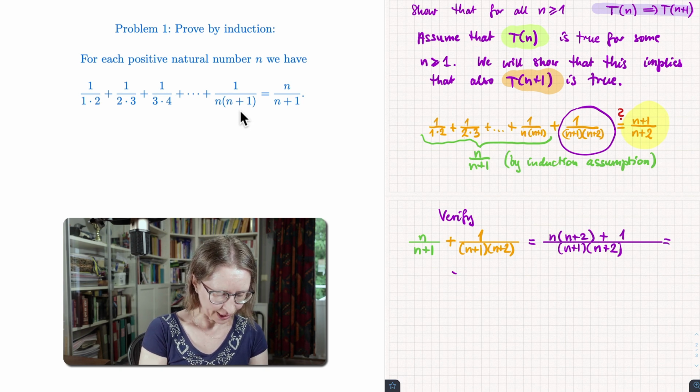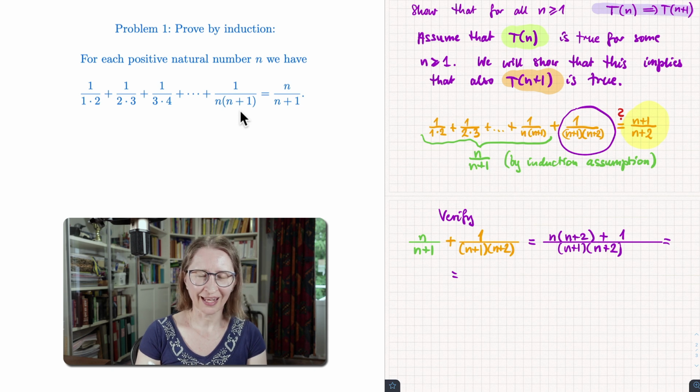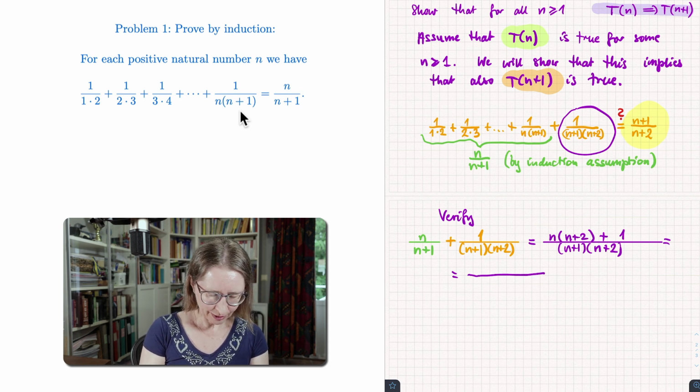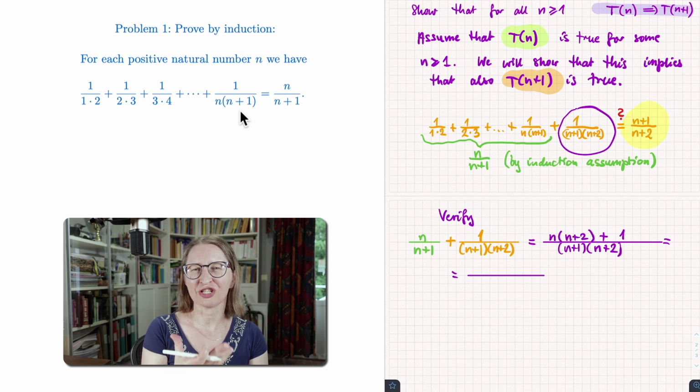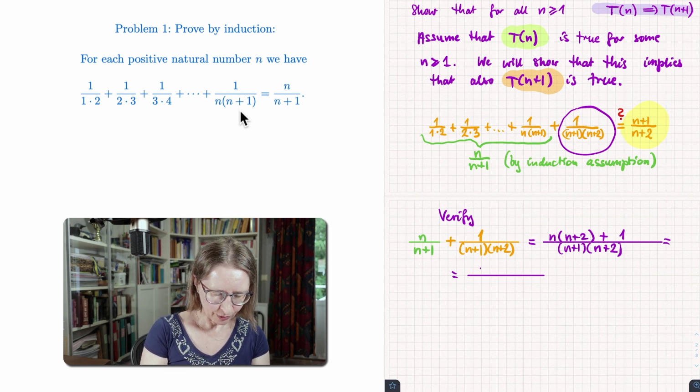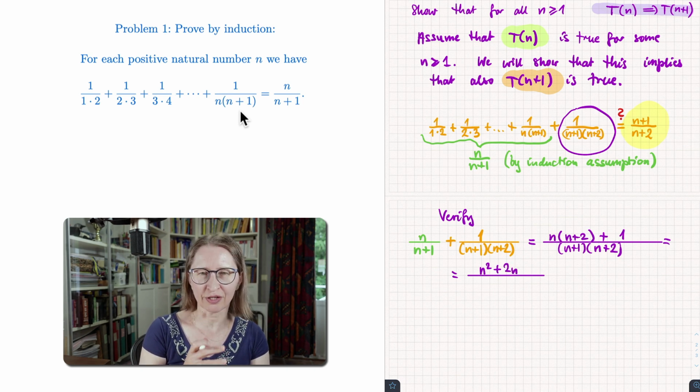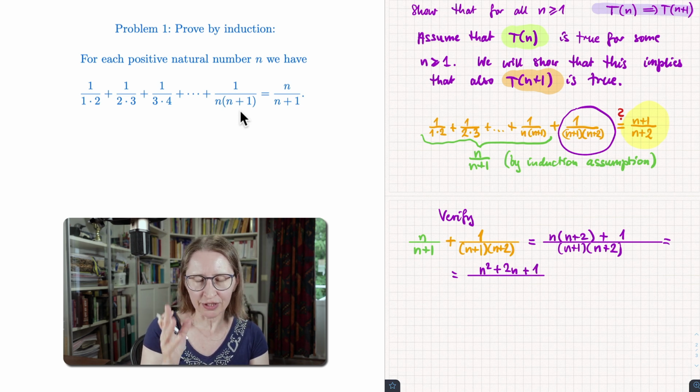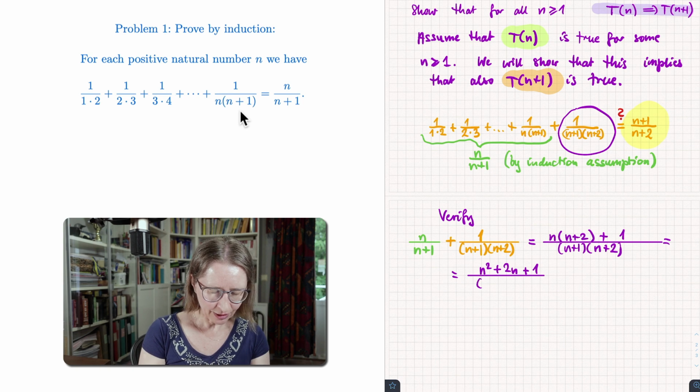Okay, and what do we get here? Let's perform this multiplication in the numerator. Then we will get n squared plus 2n, right? It's the distributive law, and plus 1, which was standing there this entire time. And in the denominator, we have this product as before.